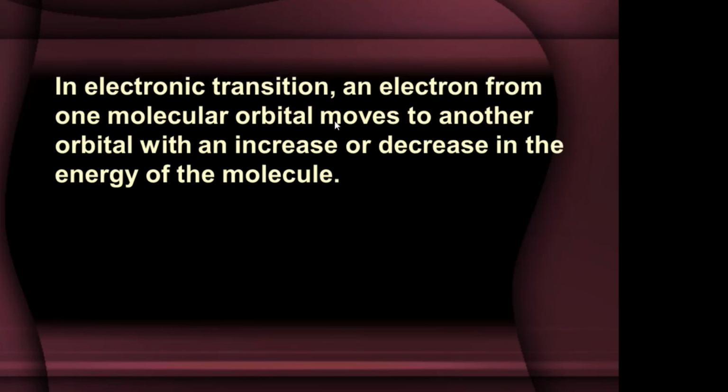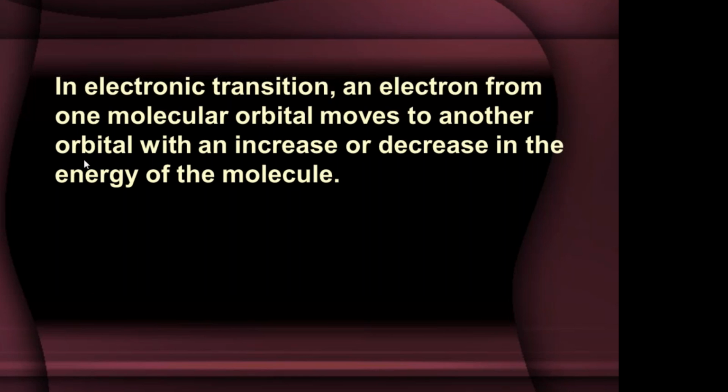So in an electronic transition, an electron from one molecular orbital moves to another orbital with an increase or decrease in the energy of the molecule. It could involve an increase or decrease. See, I have not told it's an absorption. It's a transition. So when absorption is occurring, an increase in the energy of the molecule would be correct. And when relaxation is occurring, then a decrease in the energy of the molecule would be appropriate.